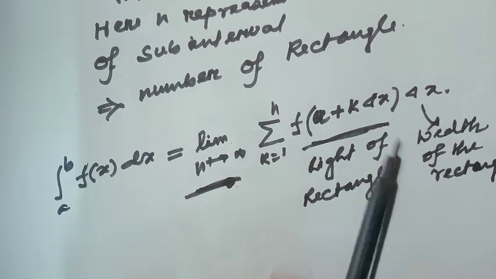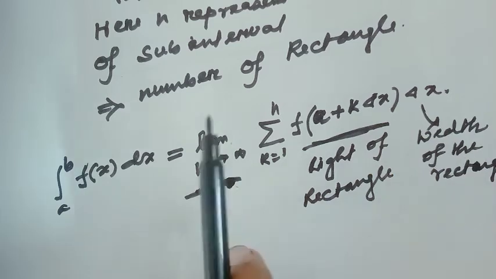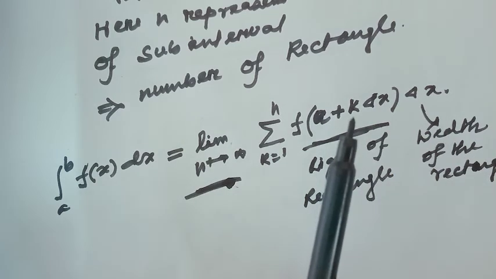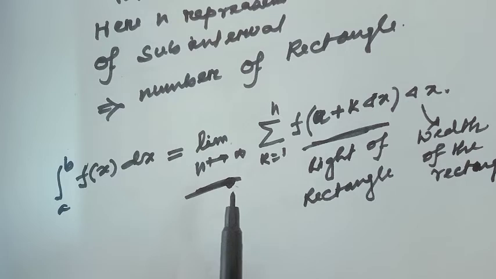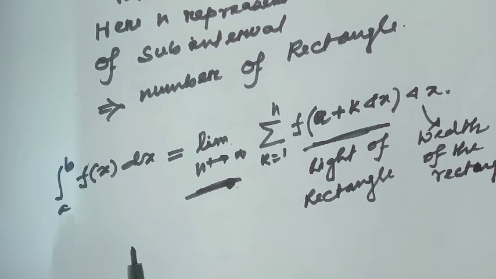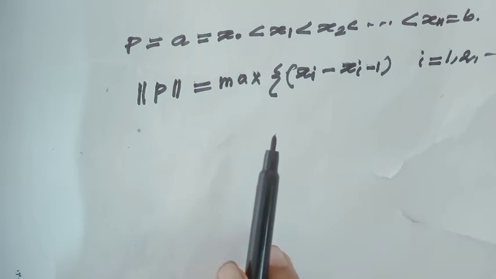So there exists no error. Then I will get a better result when I take the limit as n tends to infinity. Are you getting the concept? Why has the Riemann integral definition been defined like this? Okay, I will define the norm of the partition.